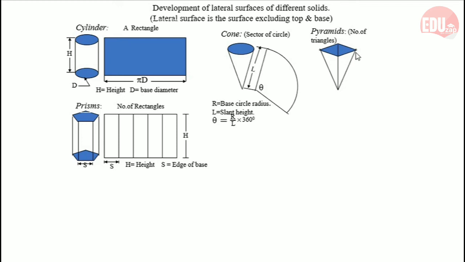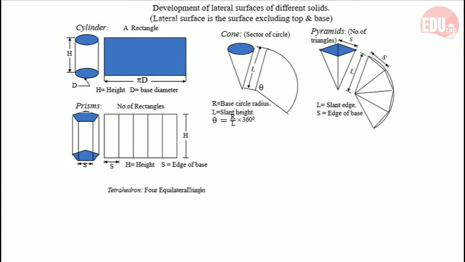For that, the procedure is to take the length of the slant edge as radius and draw an arc, then cut the base edge dimension, that is S. Say if it is a square pyramid, it will have 4 triangular faces. You need to cut an arc 4 times, 1, 2, 3, 4. And then draw like this to get the desired development.